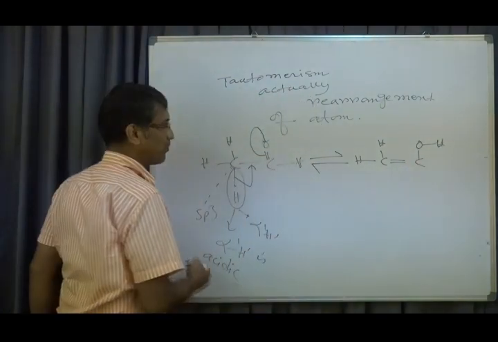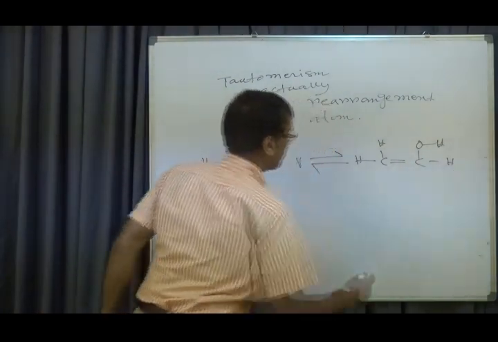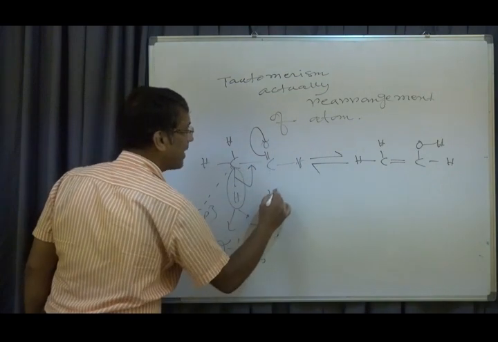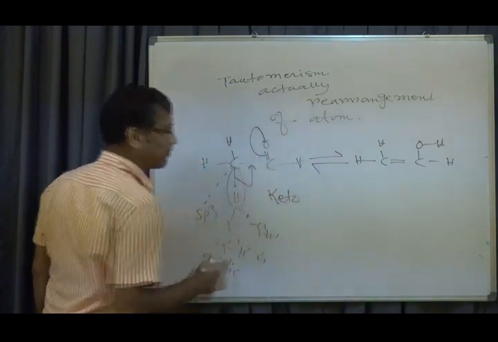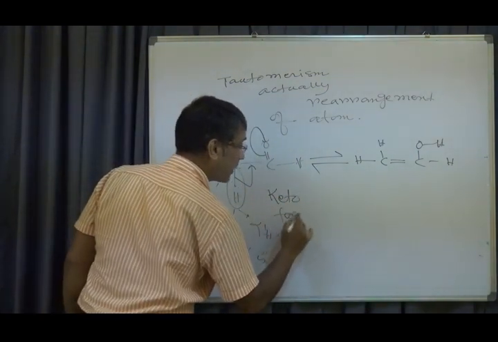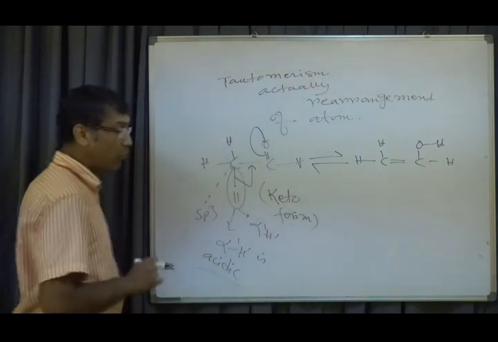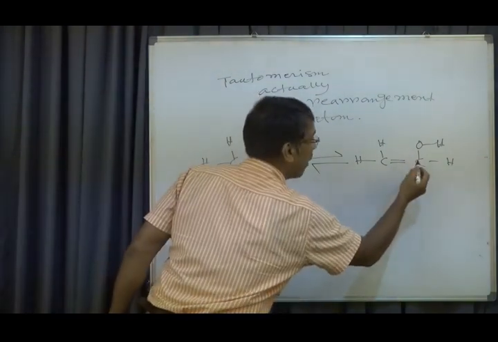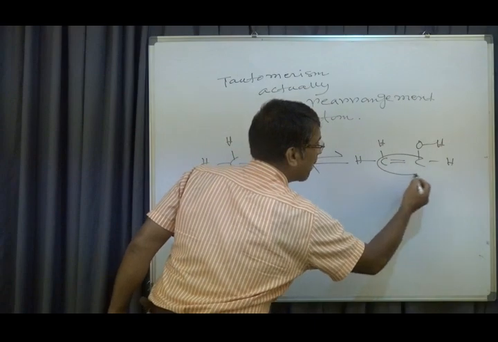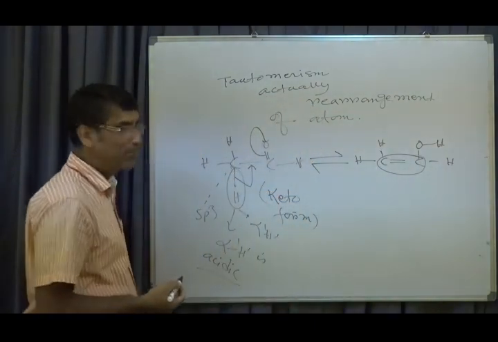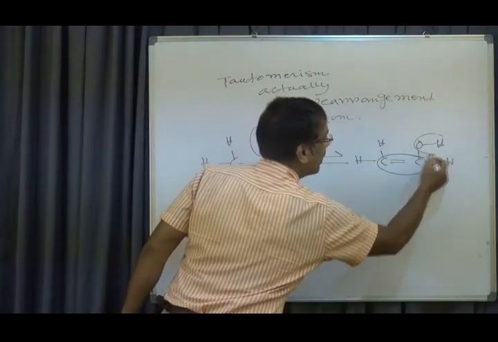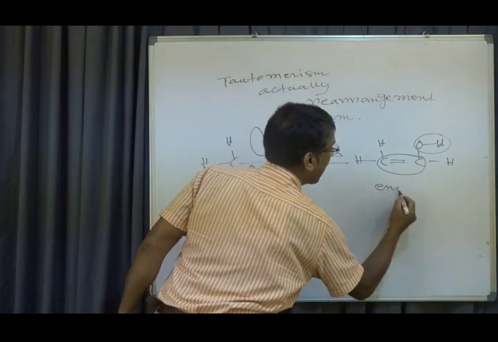So OH and H. This form is the keto form, not a ketone compound, keto form, and this is the enol form. Why enol? The double bonded carbon is there and OH, so it is the enol form.